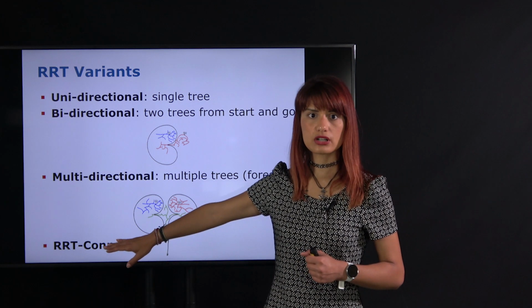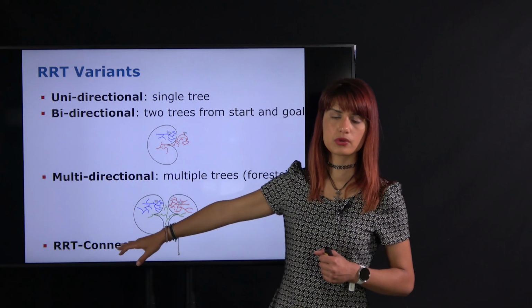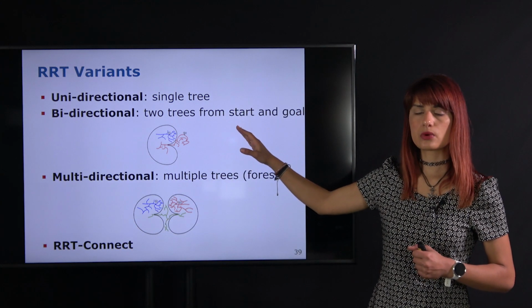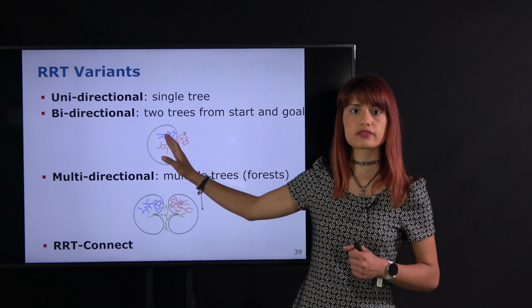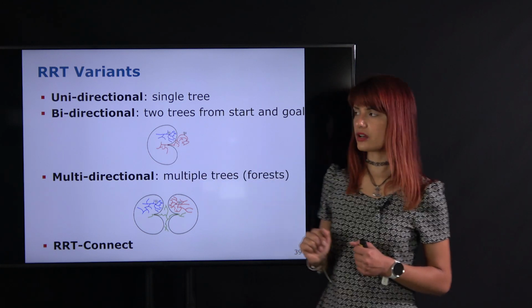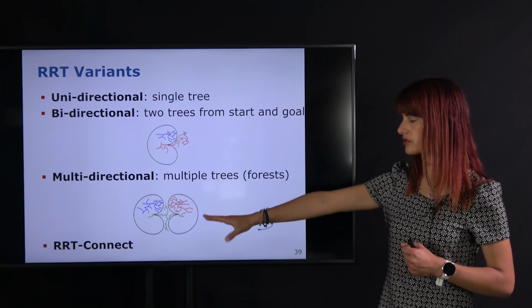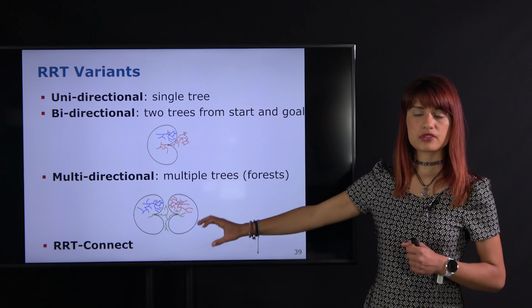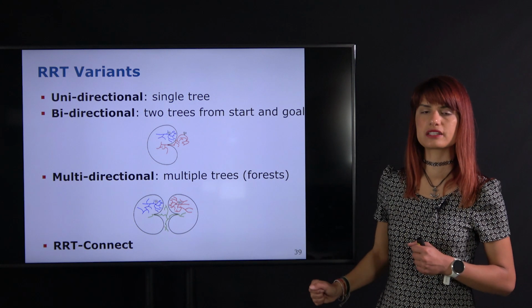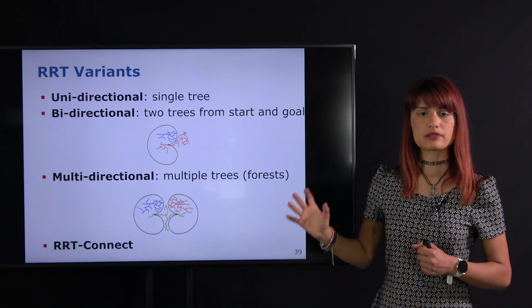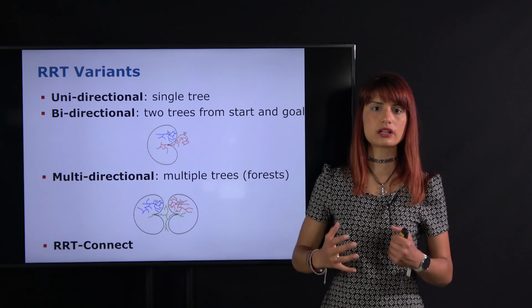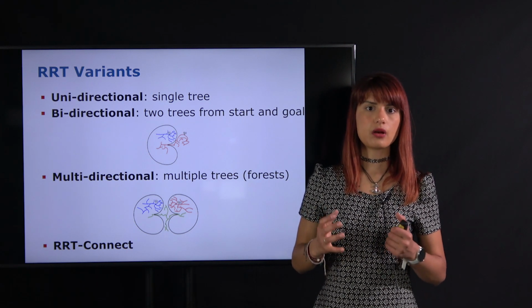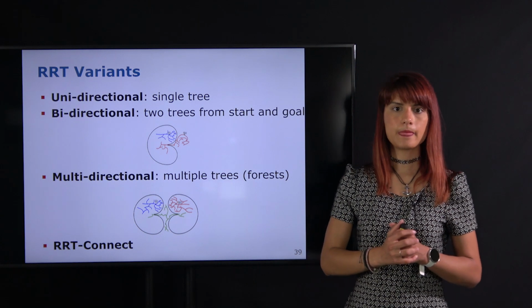RRT Connect is a popular algorithm which grows two trees, one towards each other, and then every so often one of the trees looks for a possible connection to the other. This way we're using strategies, heuristics, which basically try to make as many shortcuts as possible so that these trees meet together quickly, so that we quickly have a possible solution.